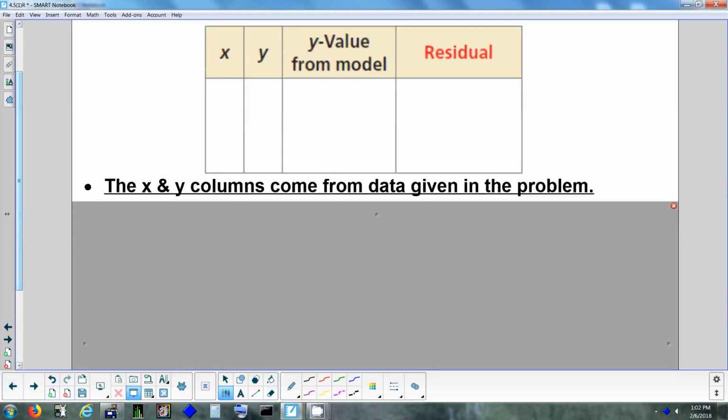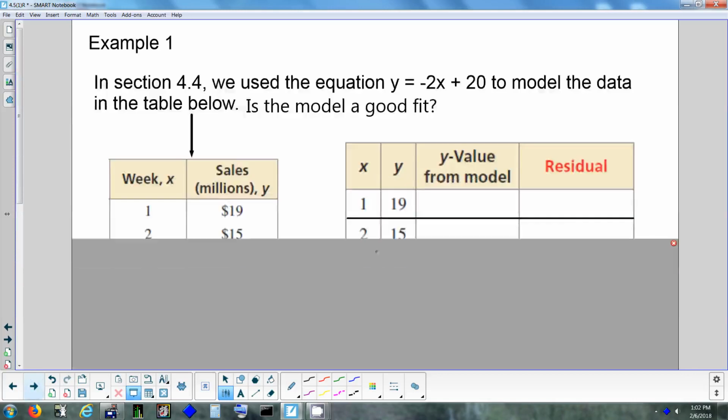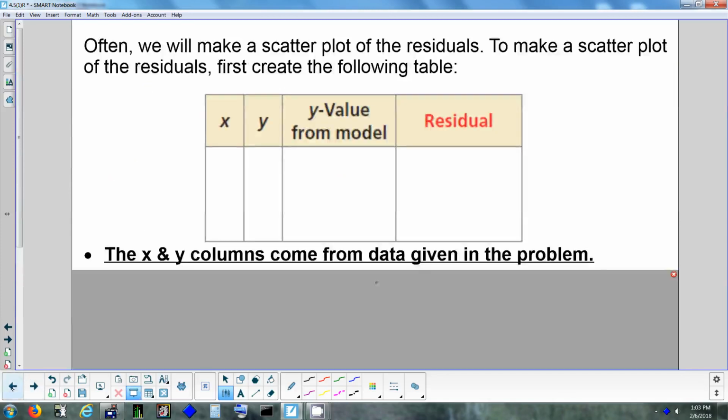Let me show you an example, then I'll come right back to that page. There's an example. They're giving you X values in the problem. They're giving you Y values. There's your X's and Y's. And you can kind of see how we're going to fill them in. So the X and the Y values, you don't have to do any work at all. Just copy them down from what's in the problem.